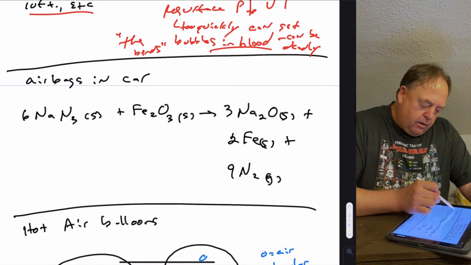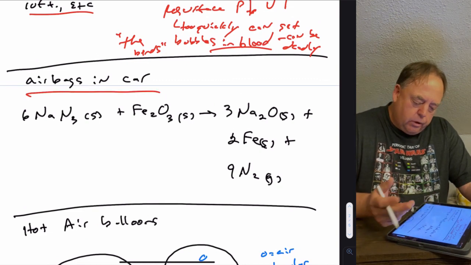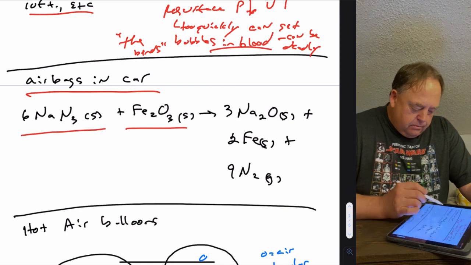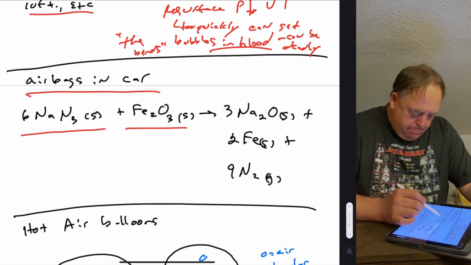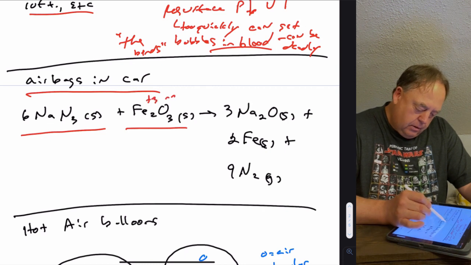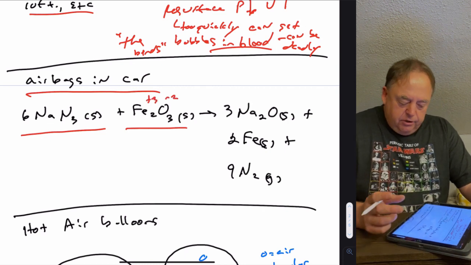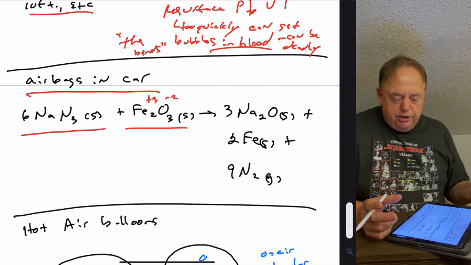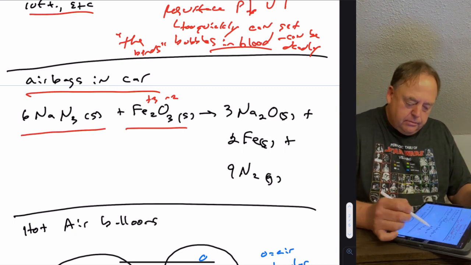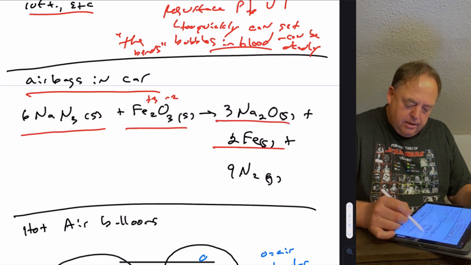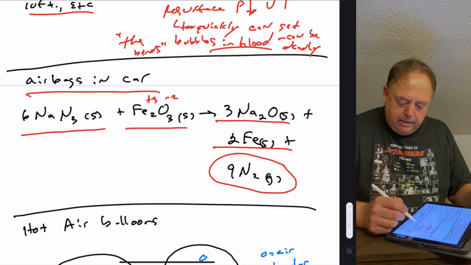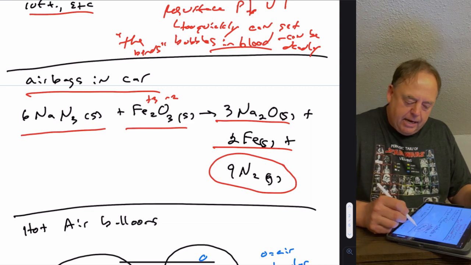Now, this is basically how airbags in a car work, according to gas laws. You take sodium azide and iron, so that would be iron(III) oxide. Basically there are 2 chemicals in an airbag, and a collision causes those 2 chemicals to mix. When these 2 chemicals mix, you make sodium oxide, elemental iron, and the one that's useful for an airbag, you make 9 moles of nitrogen gas.